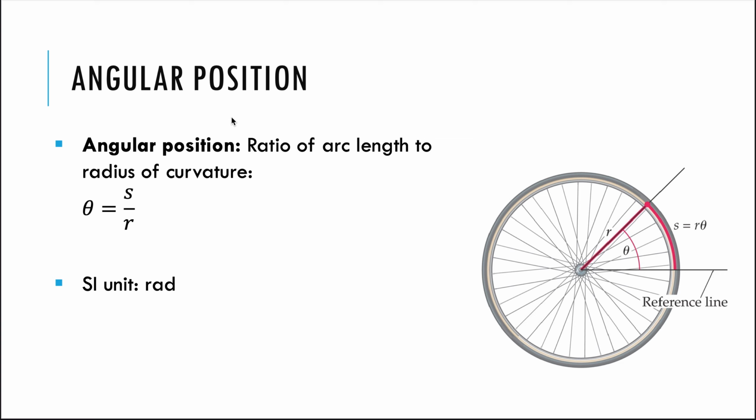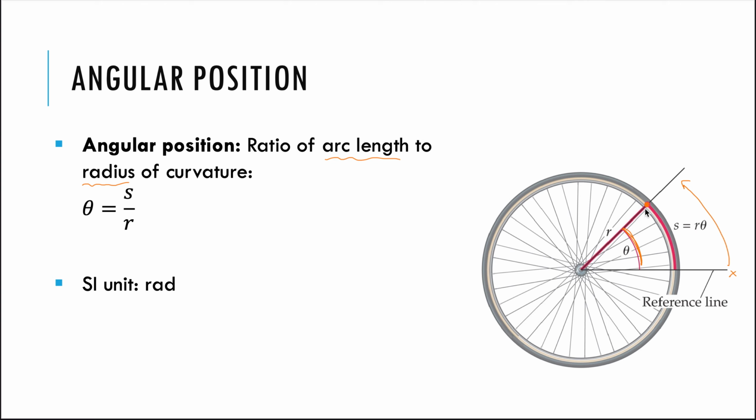Let's start our description of rotational motion or angular motion. Let's start with angular position. Let's say we have a point on a wheel here, and it rotated from this reference line, which is usually the positive x-axis, all the way up to here. Well then, it went through a certain angle theta. And this theta is defined as S over R, where S is the arc length, and R is the radius of curvature.